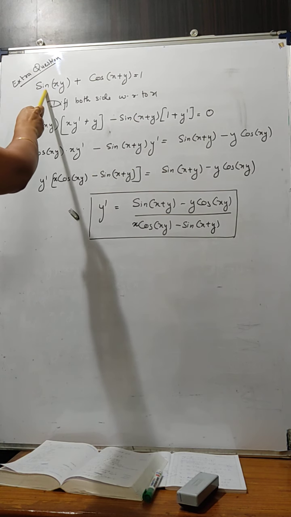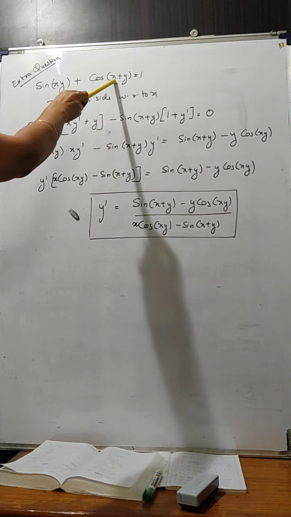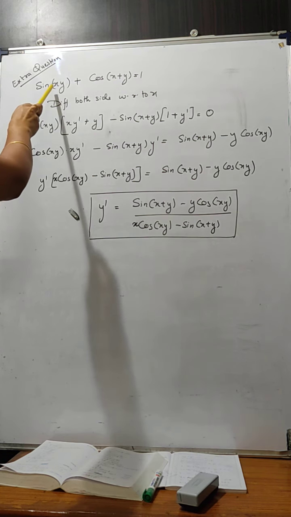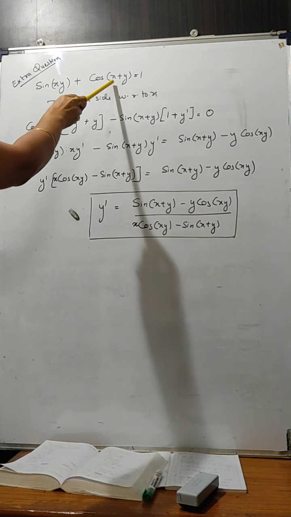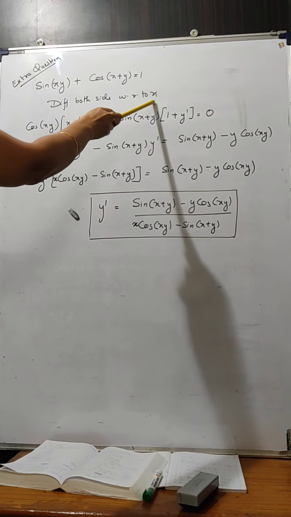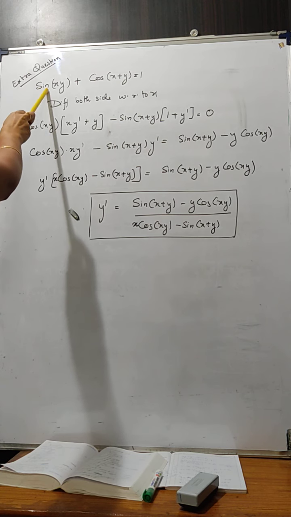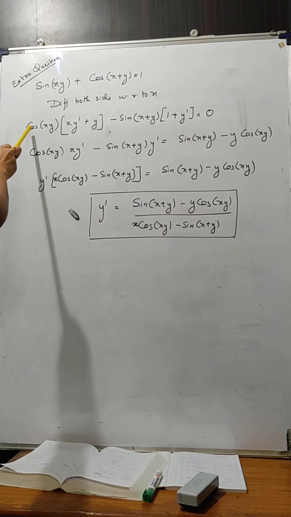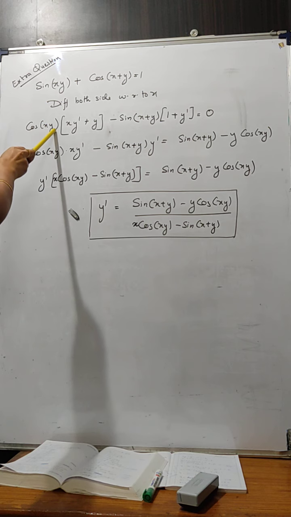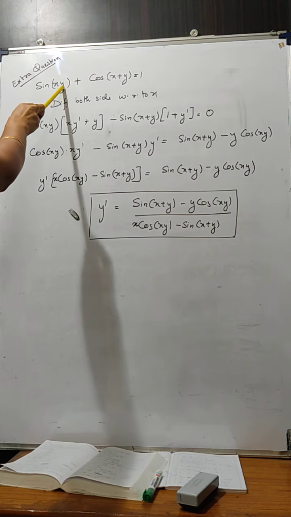Now let us see one more question. It is sin xy plus cos x plus y equal to 1. Now we cannot break this function, so differentiating both sides with respect to x. First of all we will be differentiating the sine function, sin xy. Sine will be written as cos of xy, and here we have to differentiate by using the product rule.